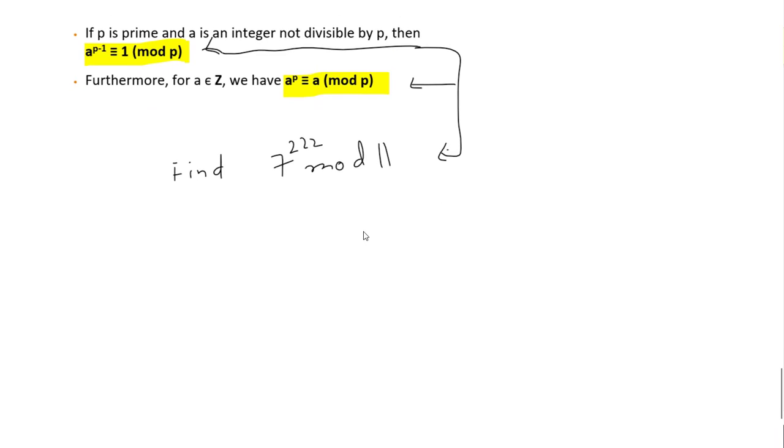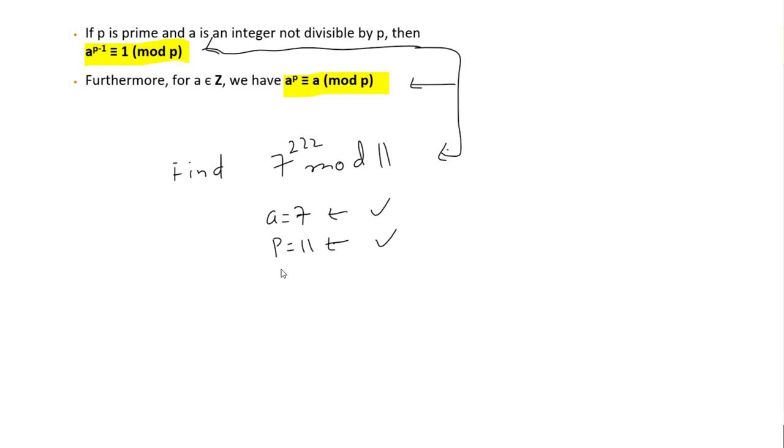If you look here, a is equal to 7 and p is equal to 11. And p is prime in this case, and the other thing is that a is not divisible by p. So it fulfills these two conditions.